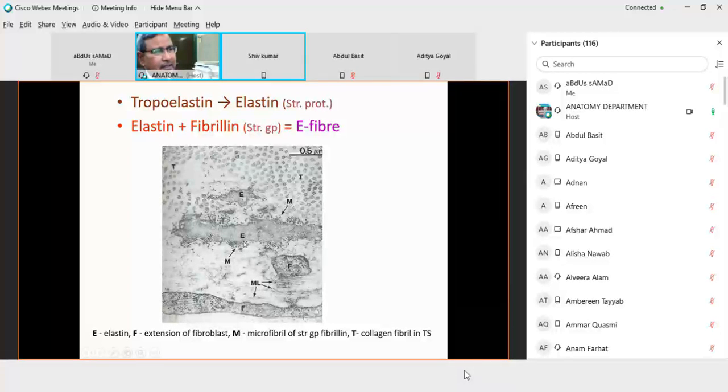So the elastic fiber consists of both elastin and the fibrillin. And surrounding them are the fibrils of the collagen fibers. They are the fibrils and they are the microfibrils. You can see the size. Fibrils, microfibrils.